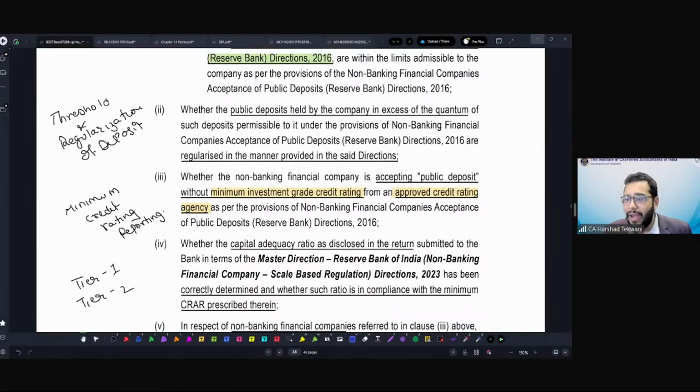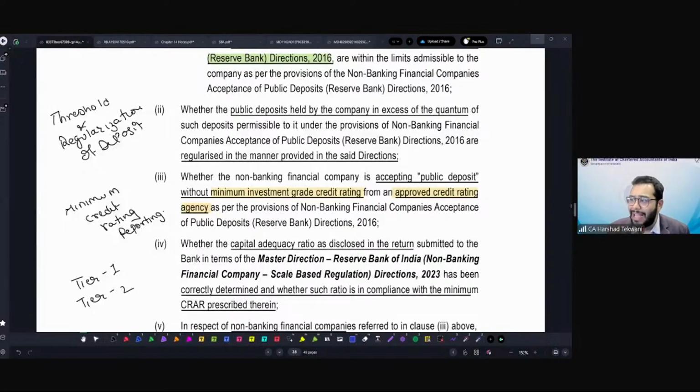So different credit rating scales are there: AAA, AA, A, triple B, double B, B, C, D, this way. B, C, D are more into default and high risk categories. But when you go with A, AAA, they are considered to be good ratings. So there is an investment grade credit rating.